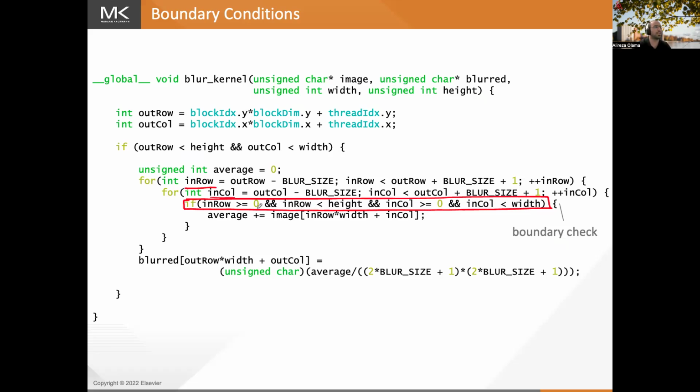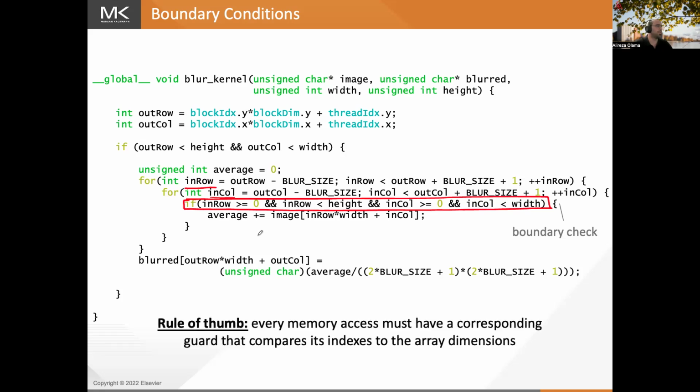So you check it like that. All right. So this is how we work with this image blurring application. In a minute, I'm going to show you a real implementation using my VS Code.